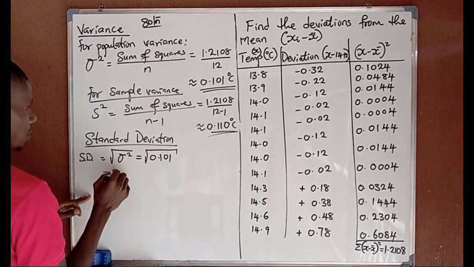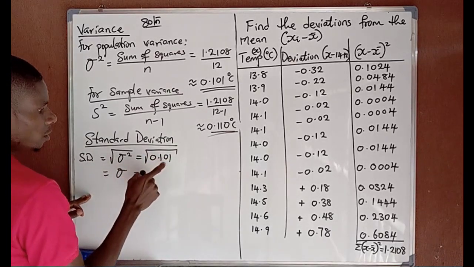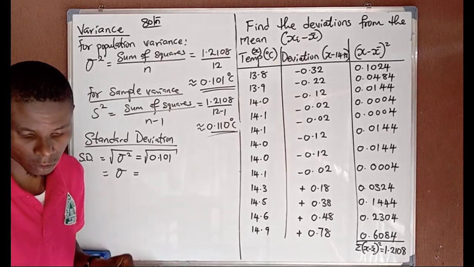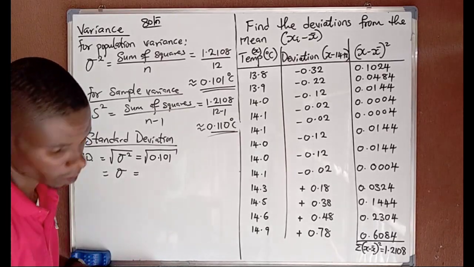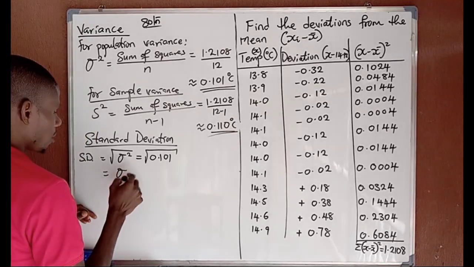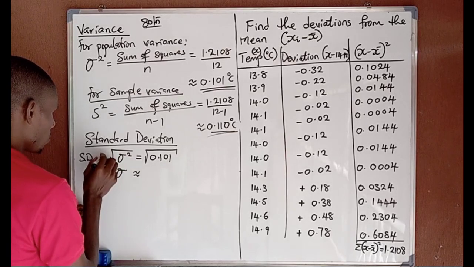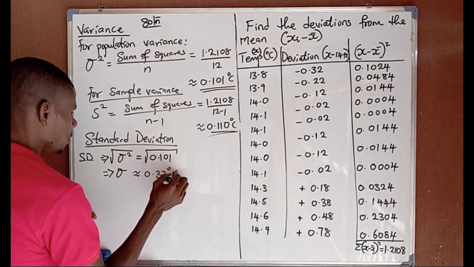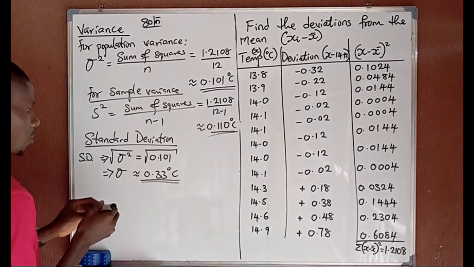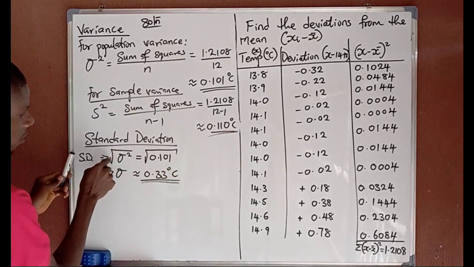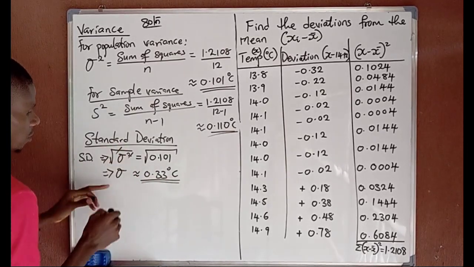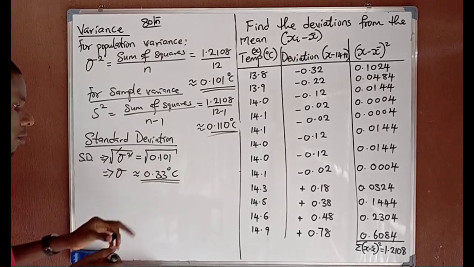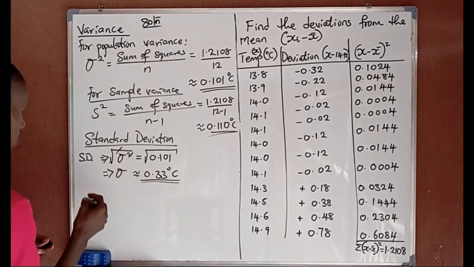The square root of 0.101 would then be approximately 0.33 degrees Celsius. When we square root, this cancels the square, so the standard deviation comes out to 0.33 degrees Celsius.